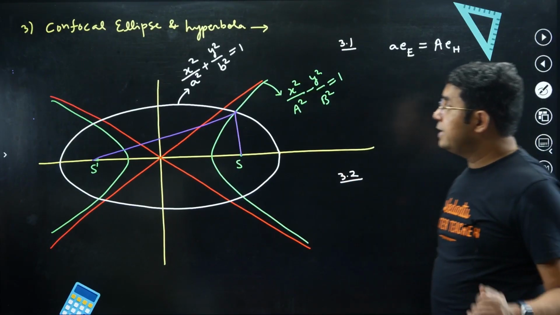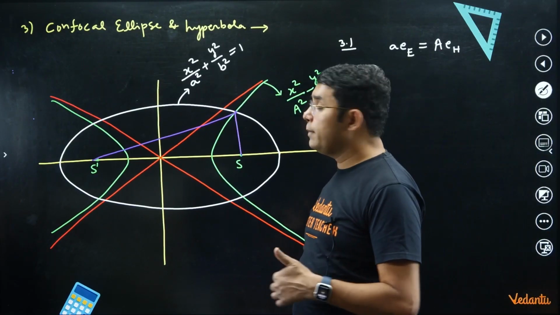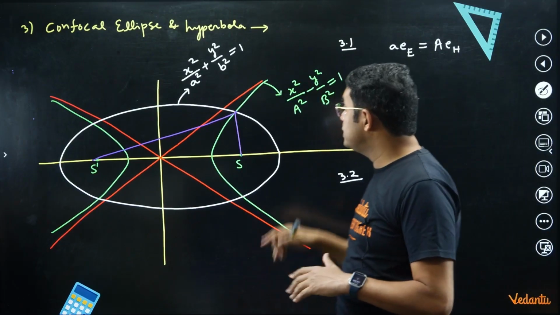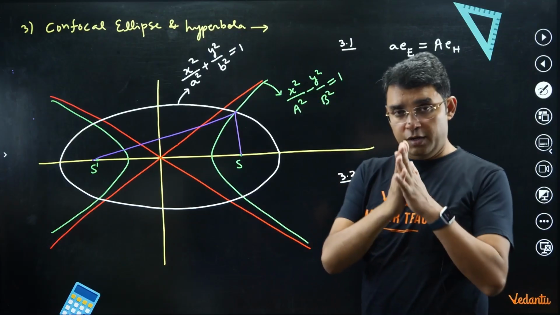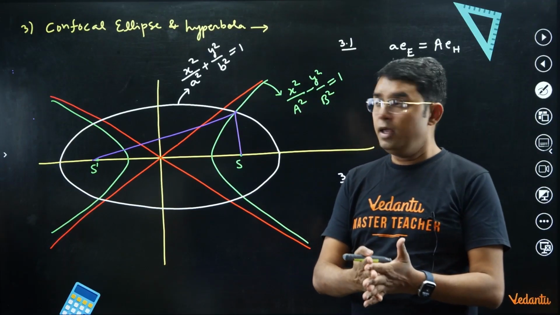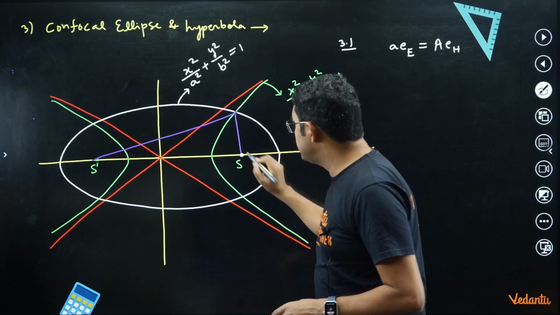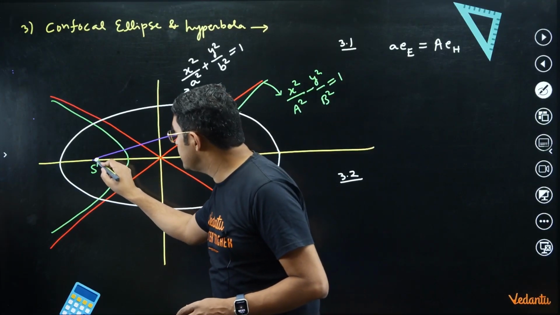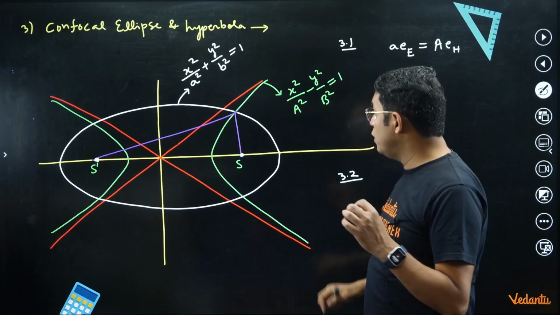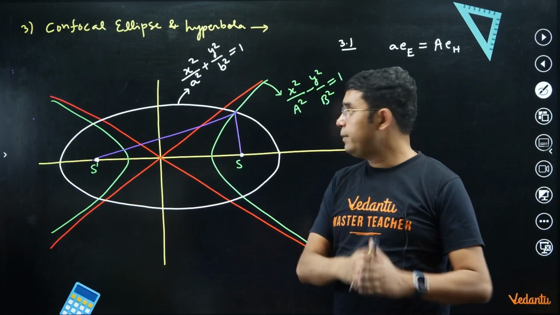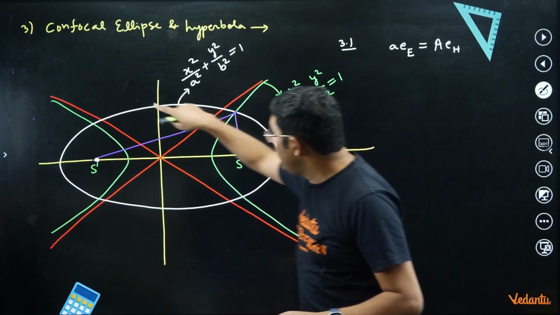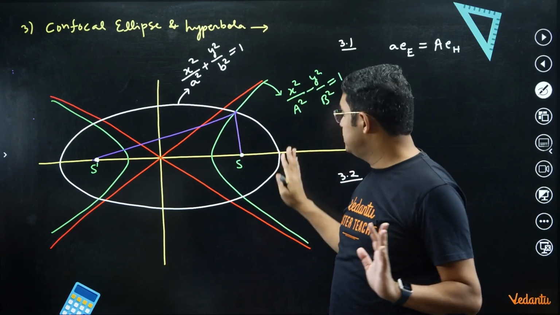Now coming to the last thing, that is confocal ellipse and hyperbola. Then we will start solving the questions. So if you are given one ellipse and one hyperbola, and we are saying confocal, confocal means their foci should be the same. So this focus S and this focus S dash, they both are foci of the ellipse as well as the hyperbola.